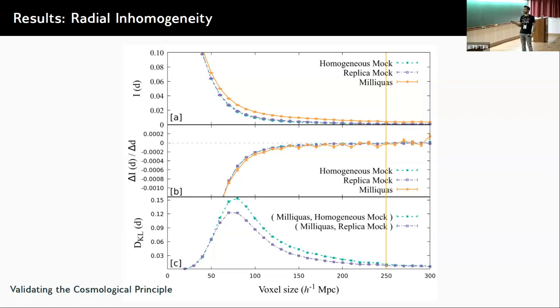So we've reached a stabilization point, kind of. Similarly, in the KL divergence, we also see that the comparisons between the homogeneous mock and the replica mocks are very low. So 250 megaparsecs is around where we expect homogeneity to manifest.